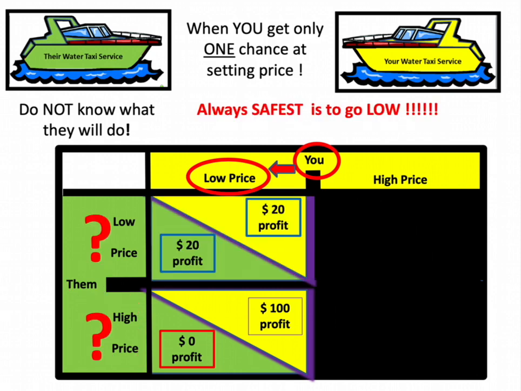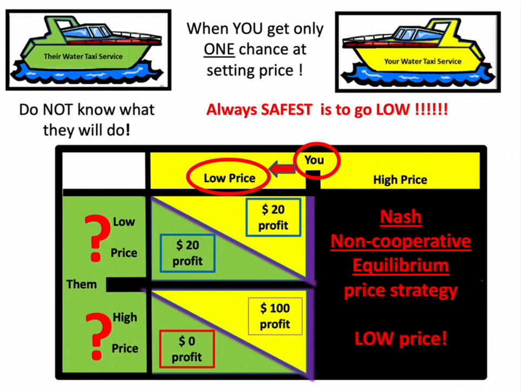So you have a 50-50 chance, if you go low, of making 20 or making 100. Wouldn't you say that's better than a 50% chance of making 50 and a 50% chance of making nothing?